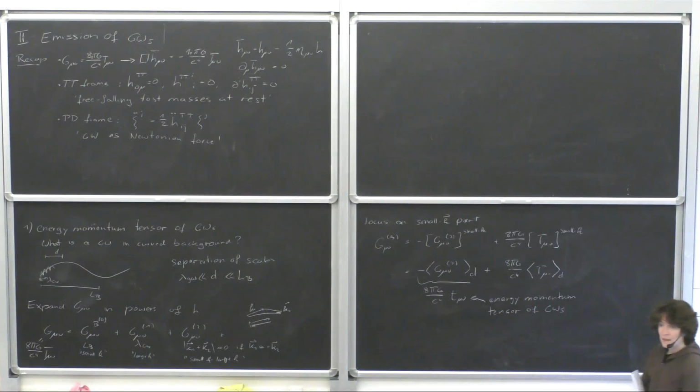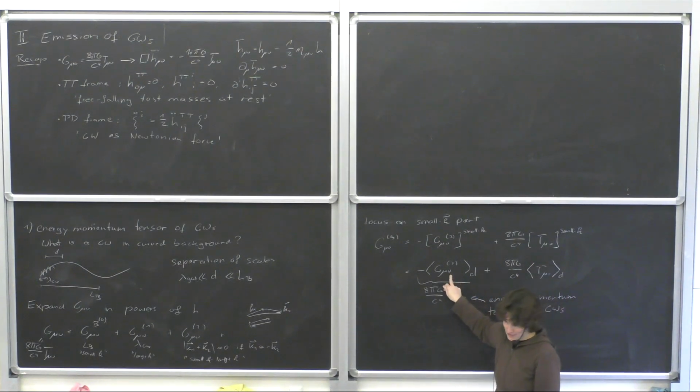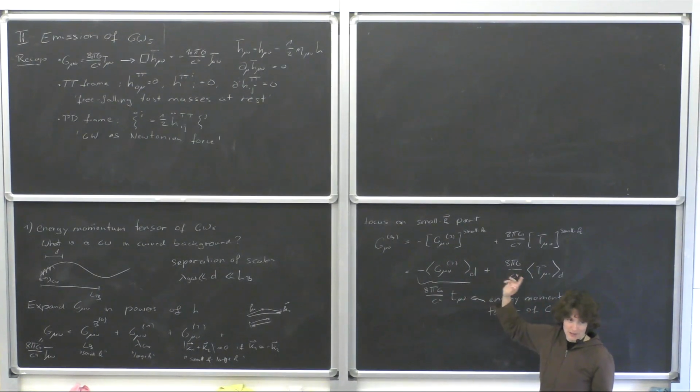Okay. So now we know in principle how to compute the energy momentum tensor of the gravitational waves. All we need to do is to expand this into second order in h. This is the object that yesterday we expanded to first order in h, and it was about three blackboards of computations. This is how we got to the linearized Einstein equation.